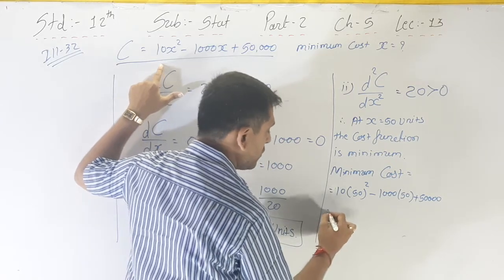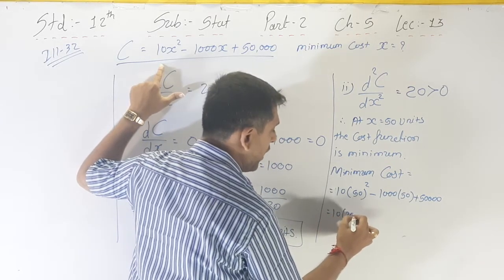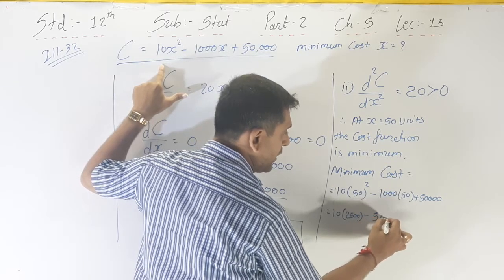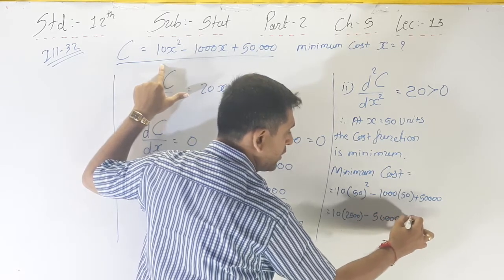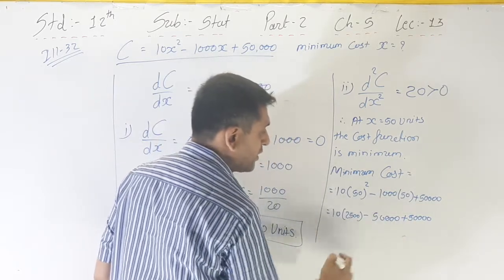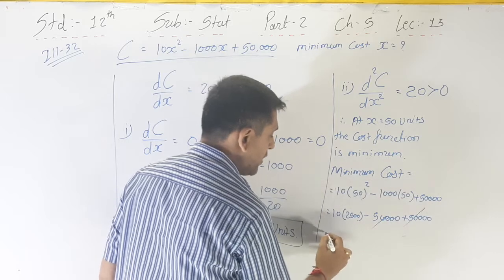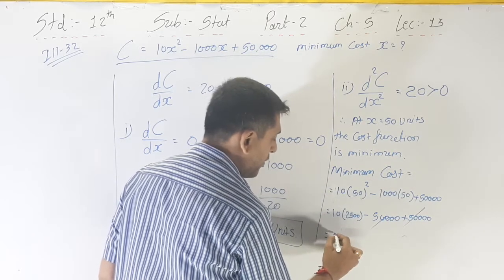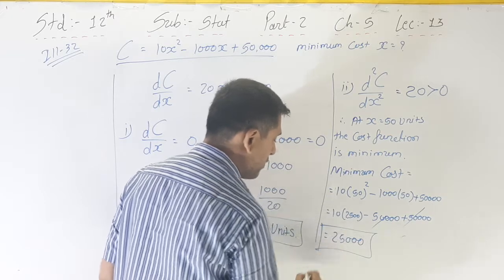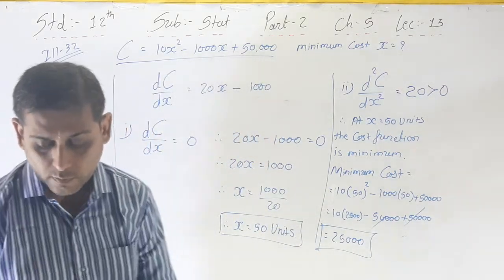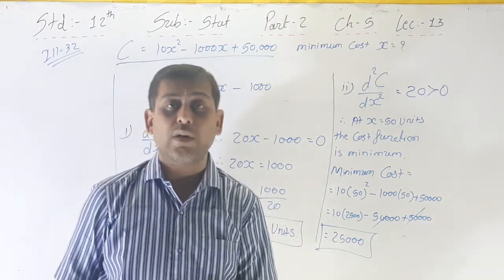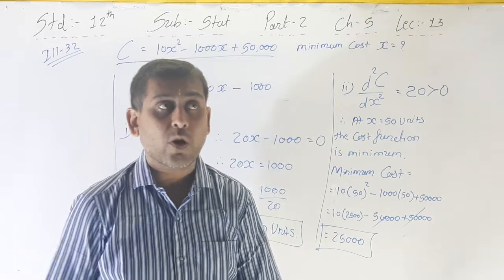So here 10 into 2500 minus 50,000 plus 50,000. See here, the 50,000 cancels, minus plus, that's why 10 into 2500, that is 25,000, is the minimum cost. What is the final answer? 25,000 is the minimum cost.